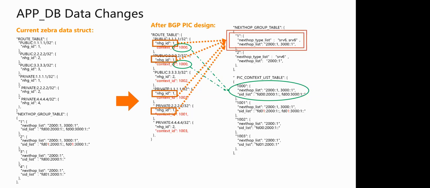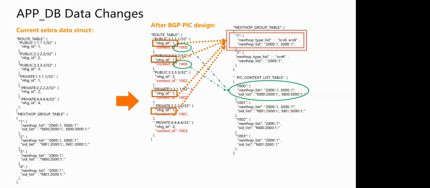For example, if a flow matches the route 1.1.1.1 in the public VRF, based on the NHG ID1, it will determine that this flow should be sent to the next hops 2000 and 3000 by ECMP. Then based on the context ID 1000, it will find the PIC context entry with this ID.